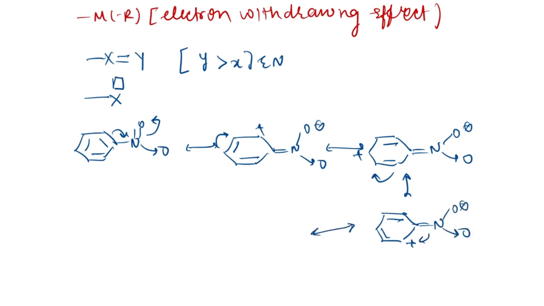Now whenever electron is given by NO2, there is a generation of positive charge, right? Now finally it will go like this.